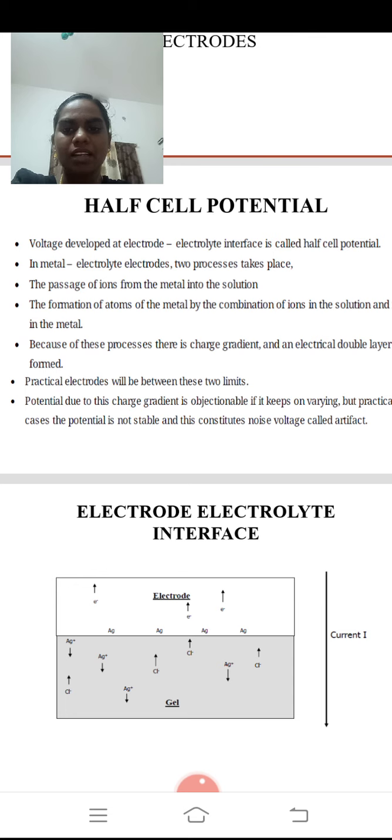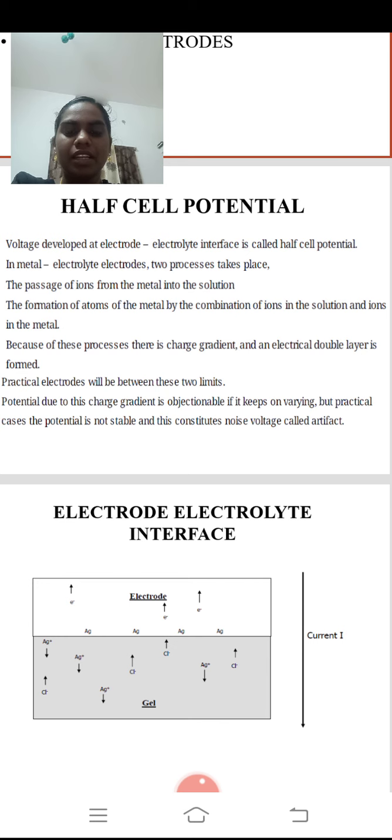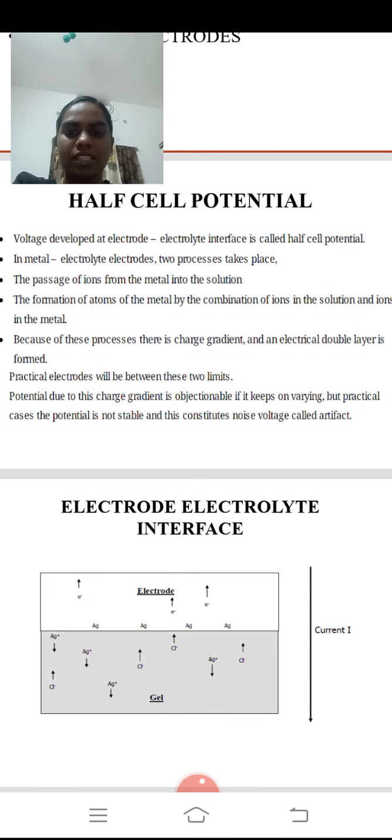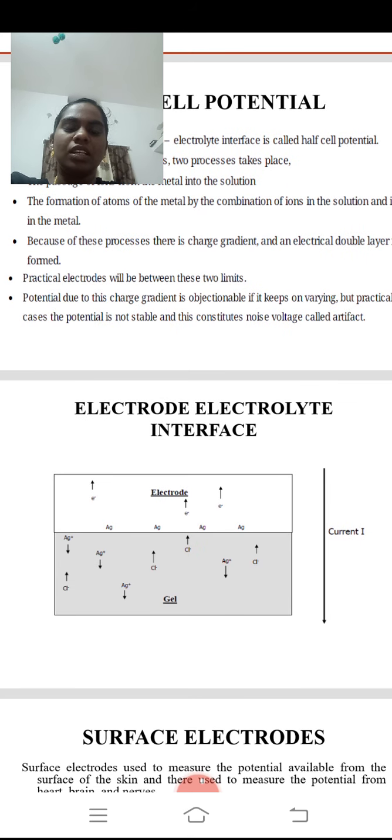In practice, electrodes will be between these two limits. Due to the charge gradient the potential keeps varying, and in practical cases the potential is not stable; this constitutes a noise voltage. Due to this difference, the half cell potential will be developed.